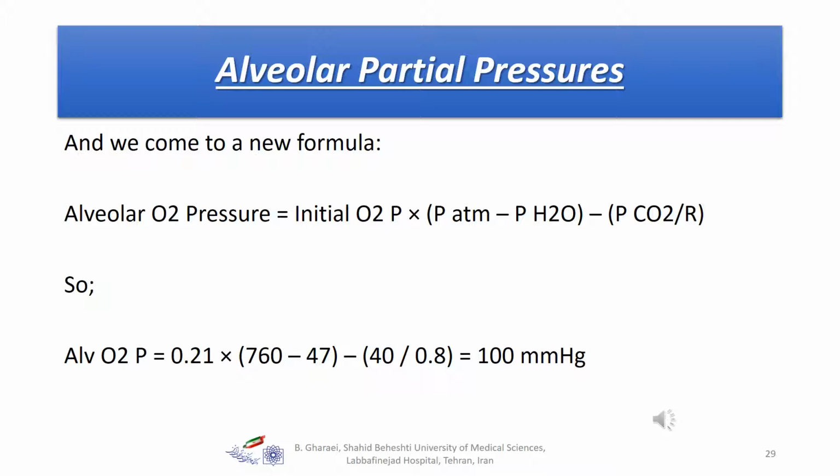Or in our case, we can say that alveolar partial pressure of oxygen would be 0.21 multiplied by 760 minus 47, and the total part minus 40 over 0.8, and the result would be 100 millimeters of mercury.